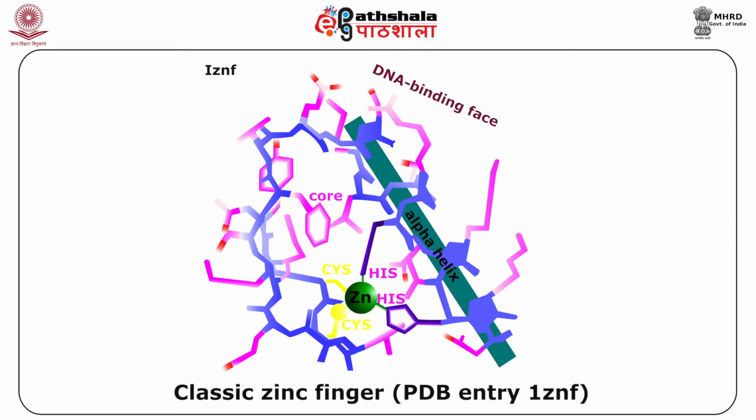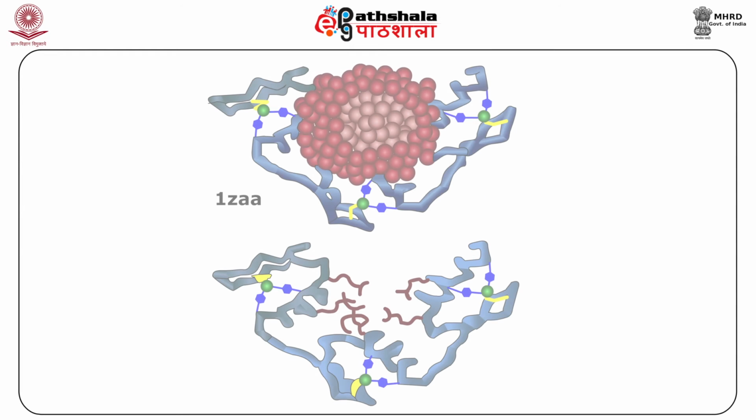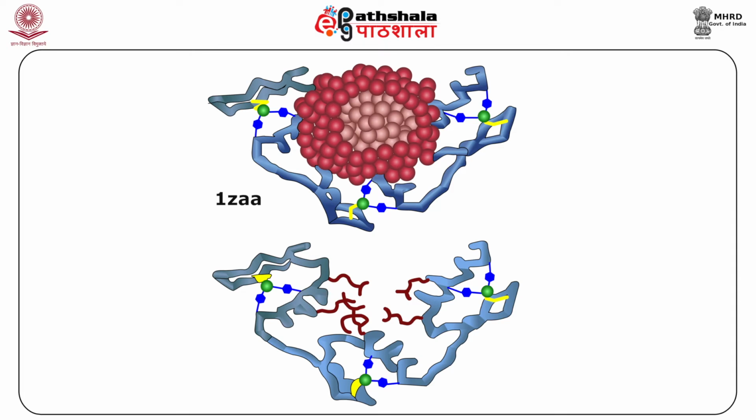Except the 2 cysteines, 2 histidines and the 2 hydrophobic amino acids phenylalanine and leucine, the other amino acids face outwards. The top portion of the figure shows the above mentioned classic zinc finger bound to DNA with 3 such fingers, and the lower portion the protein without the attached DNA.